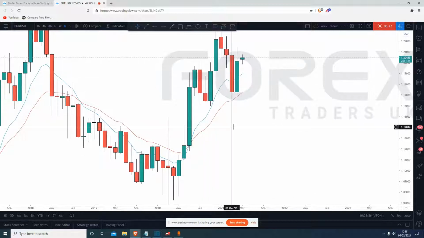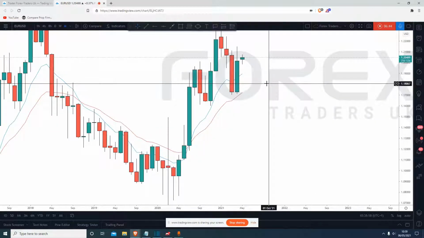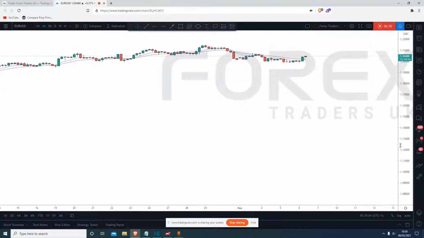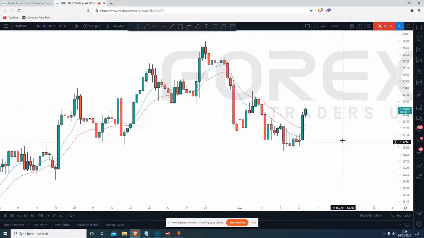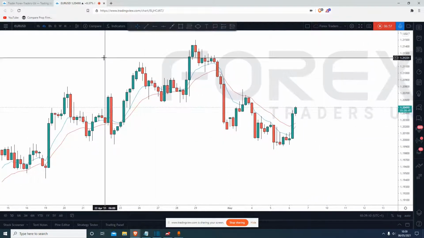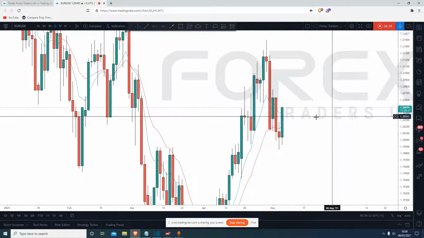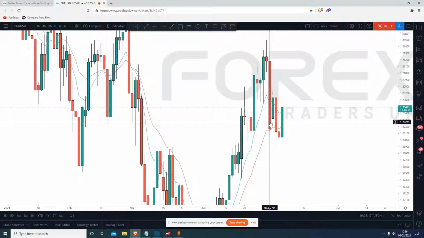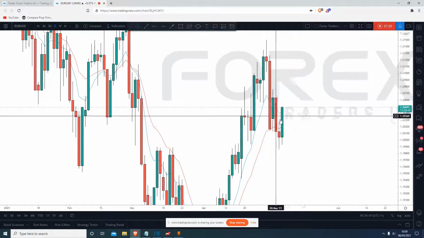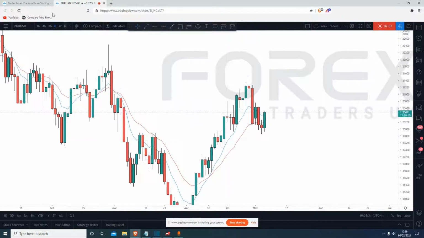If you break below, then potentially you wait for the retest and pull back into the moving averages before you actually enter a trade. And they also work even down on the intraday timeframes, such as the 4 hour, 1 hour. We can see here on the 4 hour. So on the daily, we've just had the moving average crossover on the Euro USD, and we are in fact looking higher.